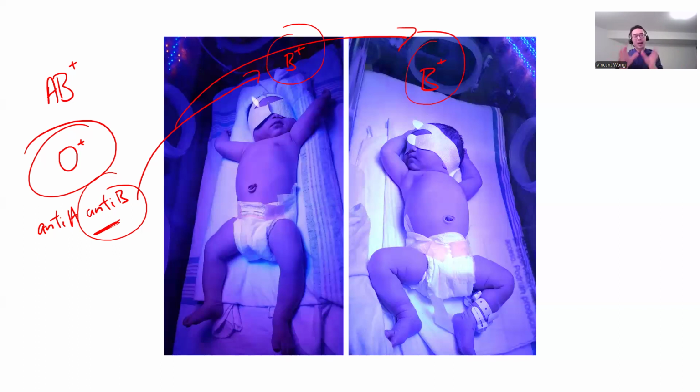Anyway, they vacuumed her out, and when you do that, it leaves behind a really big bruised area on the head, and a bruise is basically damaged red cells. When you have damaged red cells, it further elevates the bilirubin. So the second one was really jaundiced.